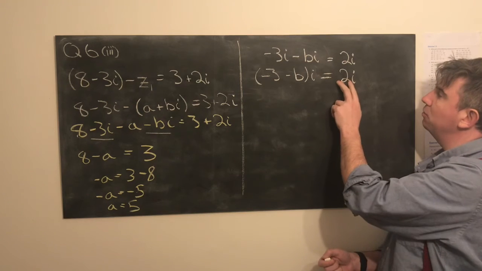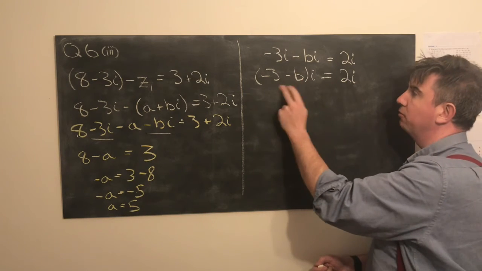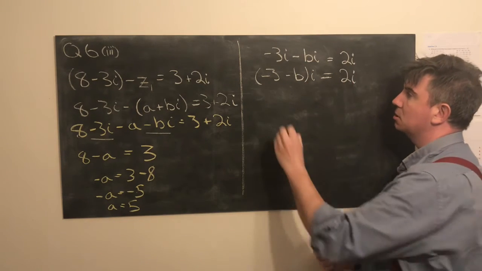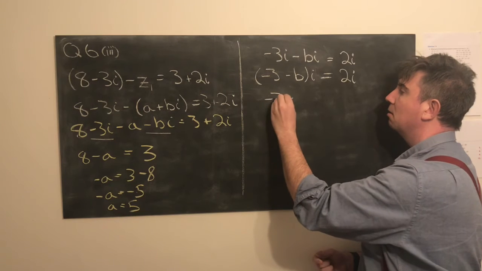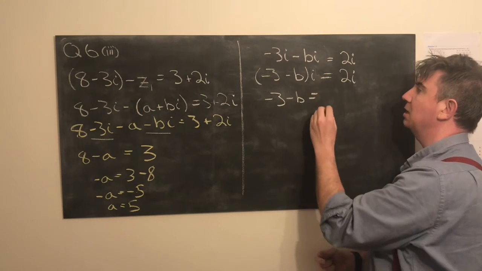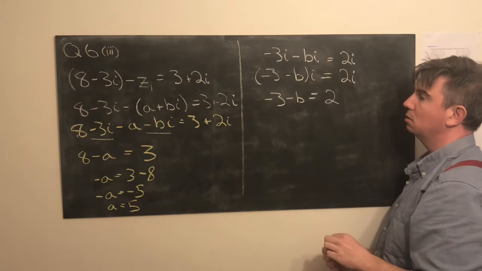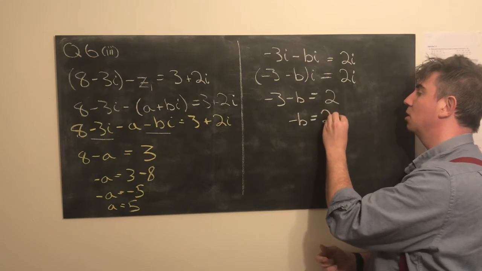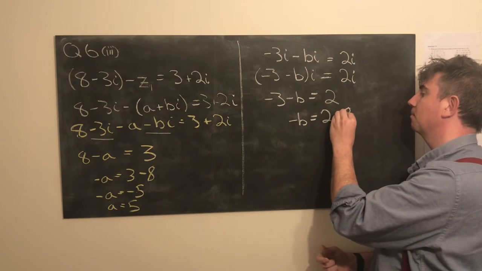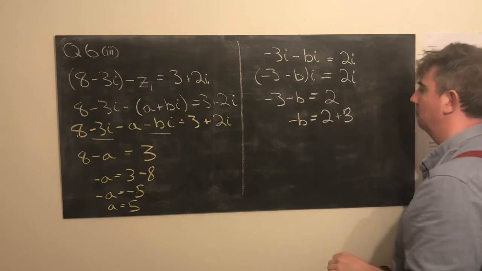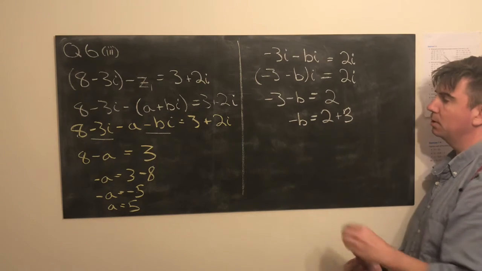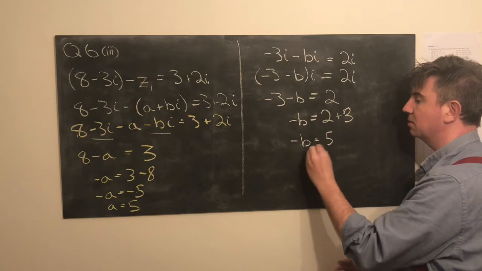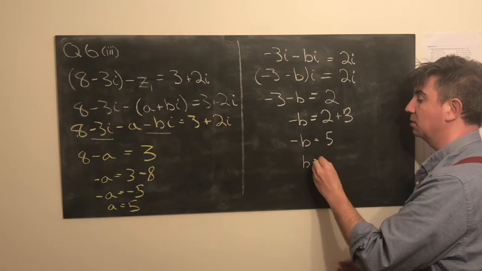So that's the coefficient of the imaginary part, and that's the coefficient of this imaginary part. So that coefficient must equal that coefficient. So minus 3 minus b must equal 2. So minus b must equal 2 plus 3. So minus b is equal to 5. So b must equal negative 5.